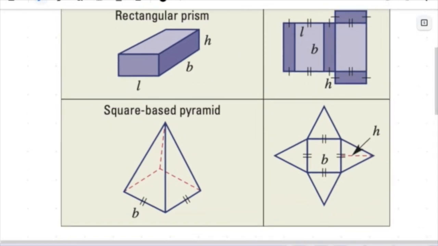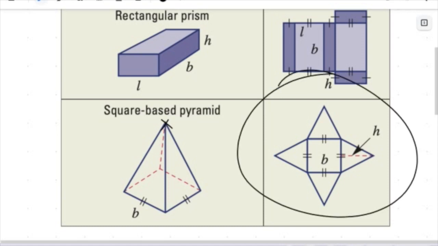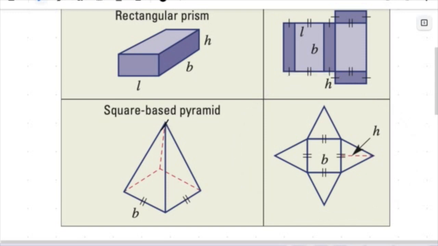Same with this pyramid, right? If we say cut the top pointy bit up here and we unfolded all of the sides, we laid them flat, we would get this type of net thing here. So that is really the only definitional content we need to know.